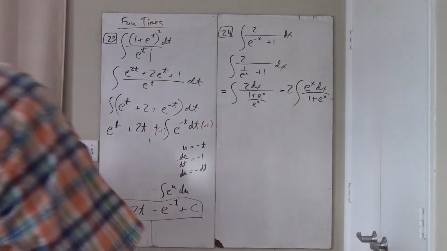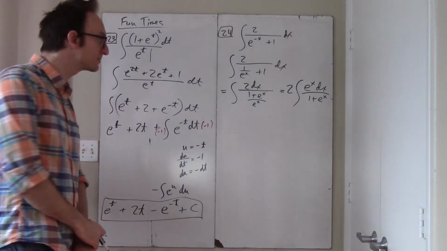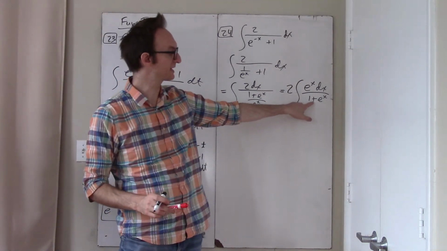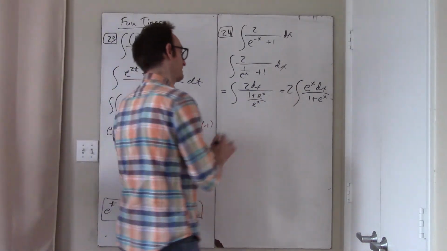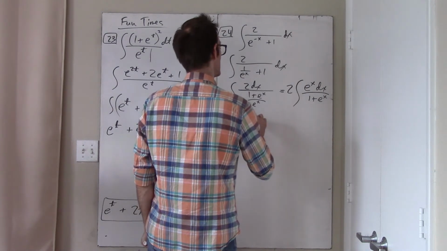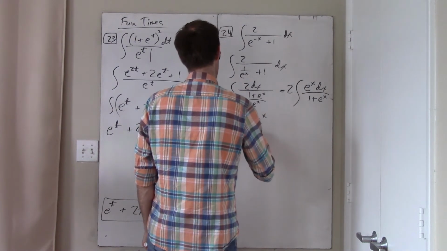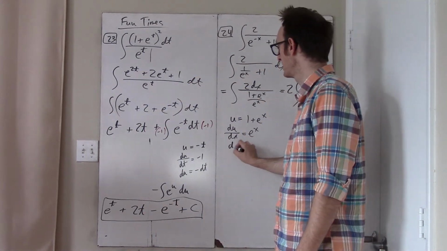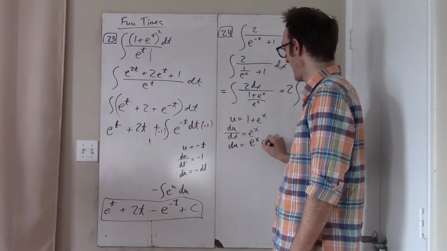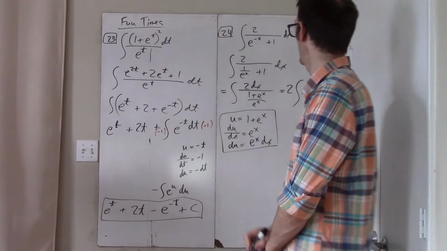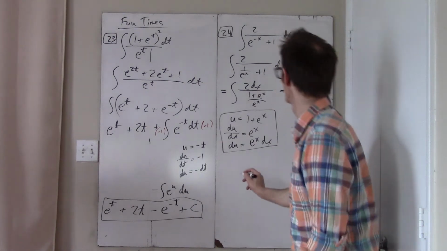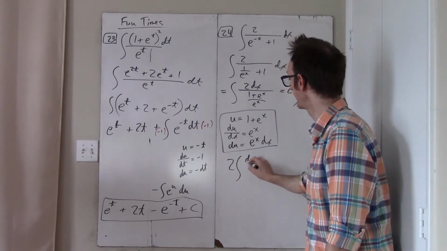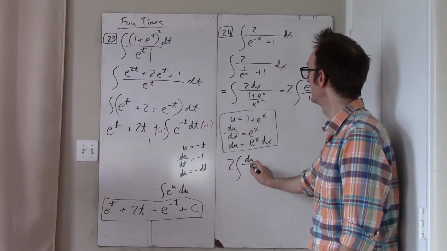While that might seem more complicated, now I think the substitution is coming into focus, because the derivative of 1 plus e to the x is e to the x. So we let u be 1 plus e to the x. Du dx is e to the x, because the derivative of 1 is 0. So du is e to the x dx, and I can rewrite that in terms of u: 2 du on the top, and u on the bottom.